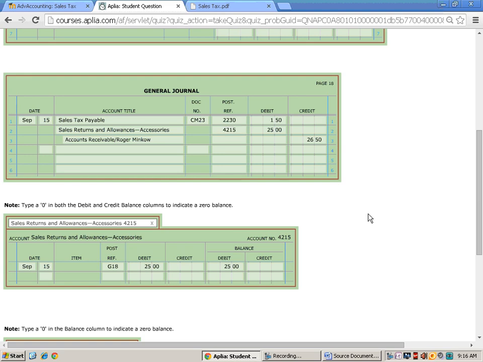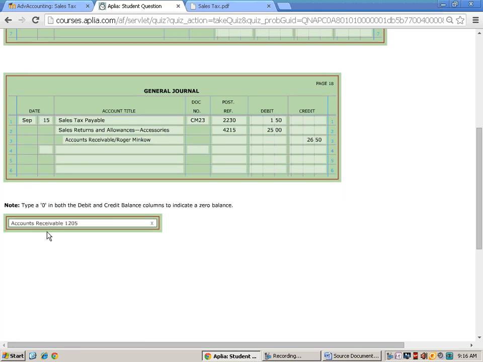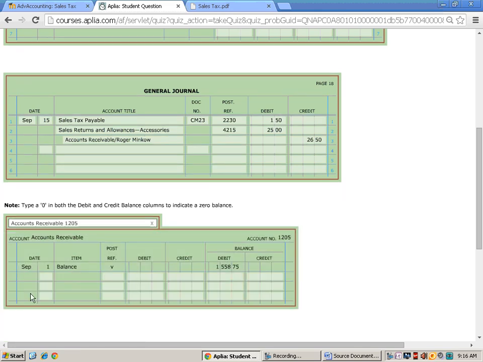So far, so good. So our next will be going to accounts receivable in our general ledger. Remember, our slash means we have to post it in two spots. So we got the 15th, post reference is G18. We now have a credit, $26.50.